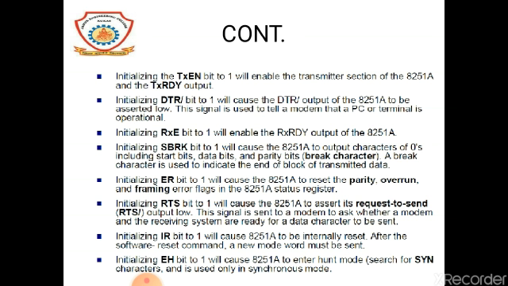Next, initializing RXE bit to 1 will enable the RXRDY output of the 8251A. Initializing SBRK bit to 1 will cause the 8251A to output characters of zeros, including start bits, data bits and parity bits, a break character. A break character is used to indicate the end of block of transmitted data.